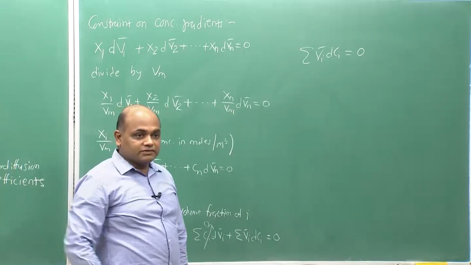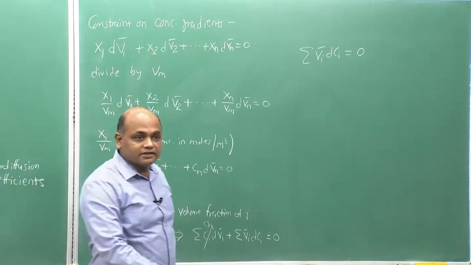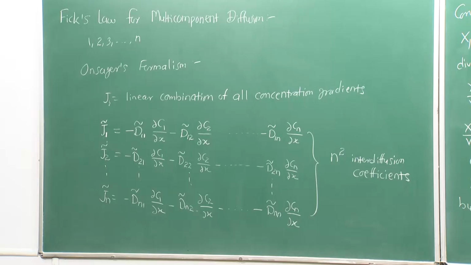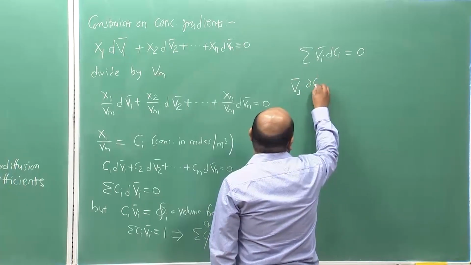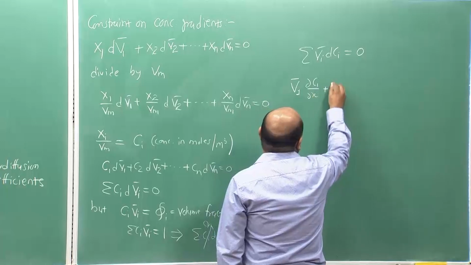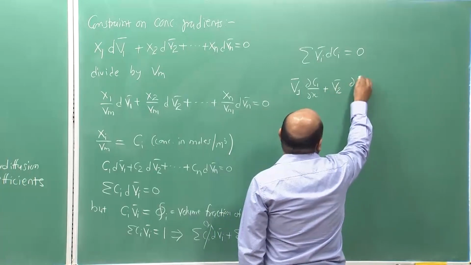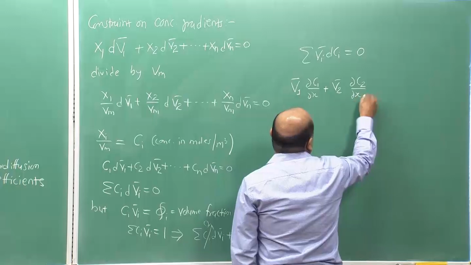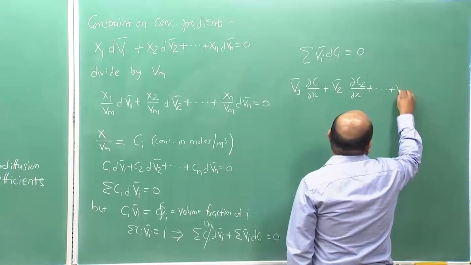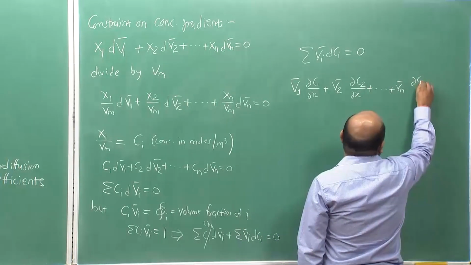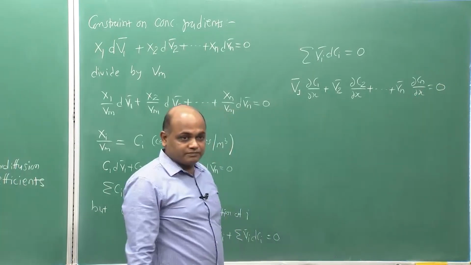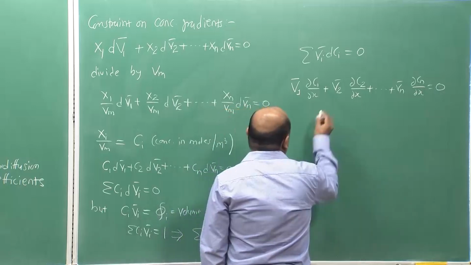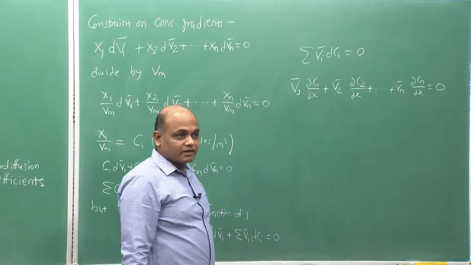If we differentiate with respect to the x coordinate, we can write more specifically V1 bar dou C1 by dou x plus V2 bar dou C2 by dou x and so on to Vn bar dou Cn by dou x equal to 0. So, this is the constraint that we have to use.